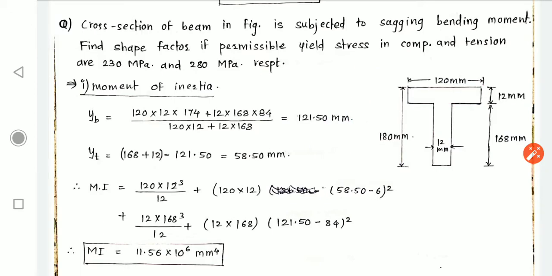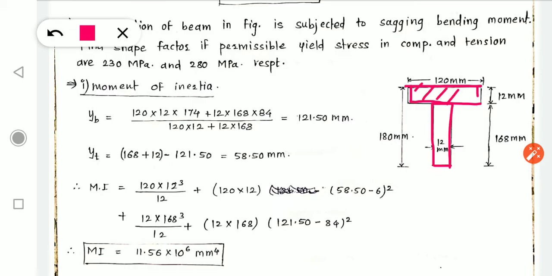Now I am using that same formula, and first I divided my T shape into two parts like this. One I have hashed like this, and second will be the empty part. So we are calculating YB from the bottom. First section is 120 into 12, that will be the area, into Y. So Y will be from its center to the bottom, and that will be half of 12 you have to reduce from total 180.